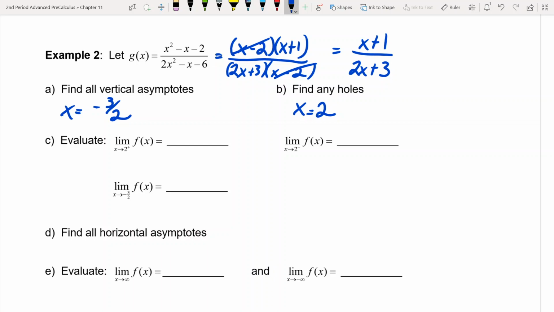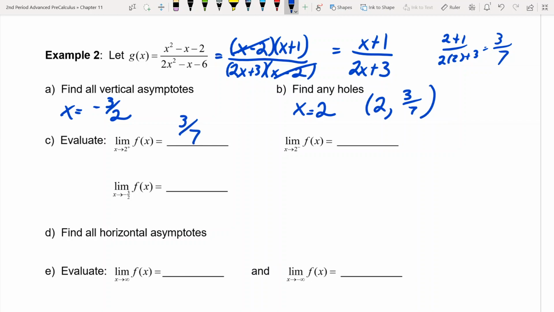And then to find the y piece, we would plug x into what's left over, so 2 plus 1 over 2 times 2 plus 3 is 3/7. So 2 comma 3/7. So as we evaluate the limit as x approaches 2 from the left, it's going to be 3/7.